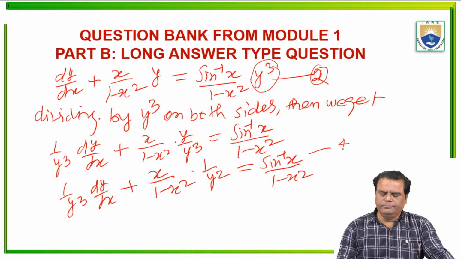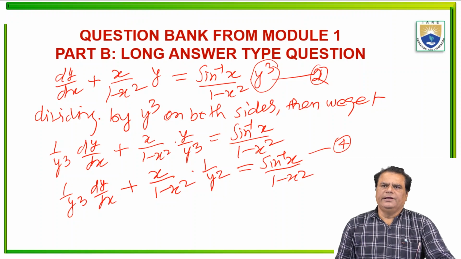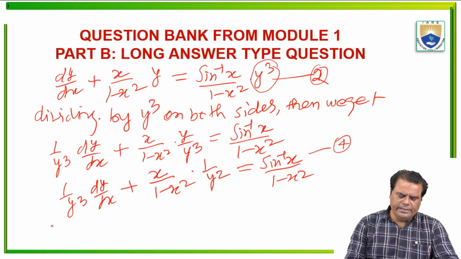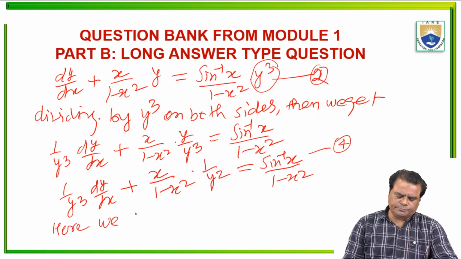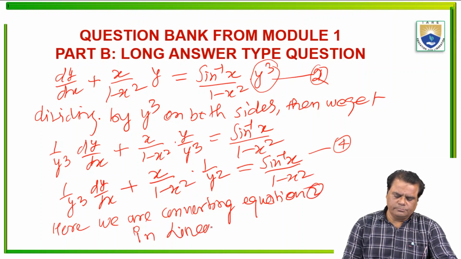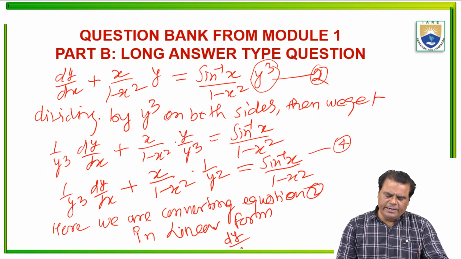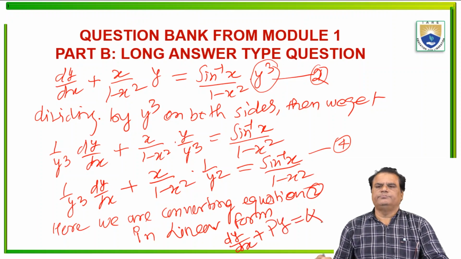This is equation 4. Now we are converting equation 2 into linear form. The linear form is dy dx plus py is equal to q.